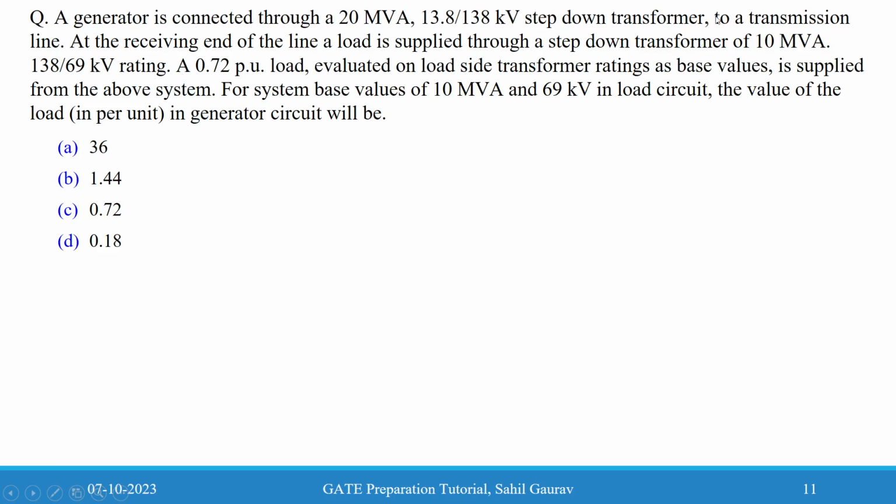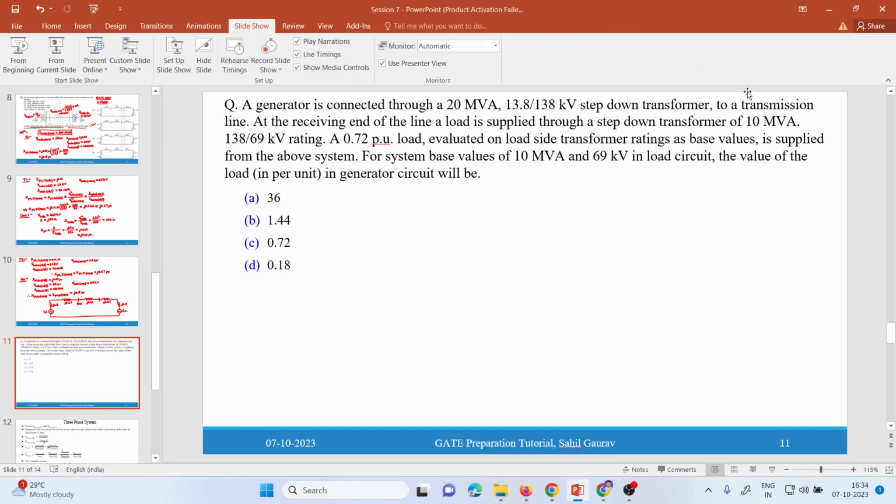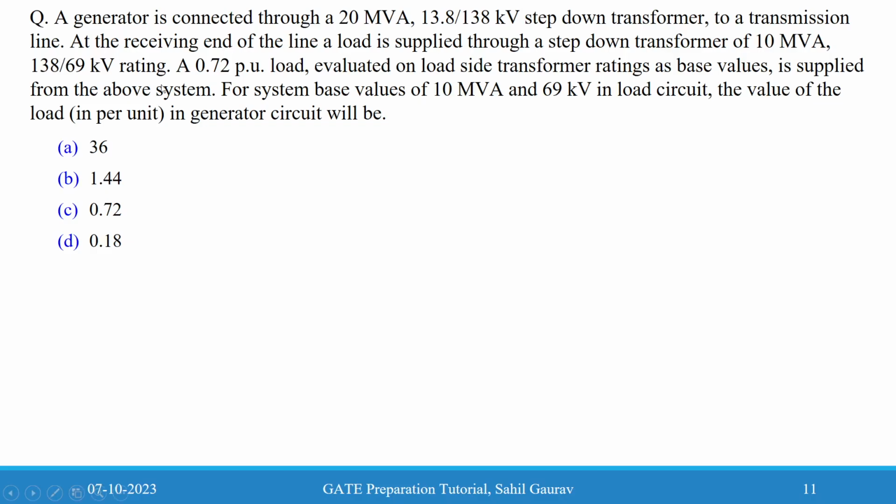Sorry, here it will not be that. A viewer says it is a step up transformer, sir. Actually, the language of this problem is not that clear, but this is the only question. Two transformers are connected, and in between them a line is connected, supplying the load through a step down transformer, that's why it is written like that.